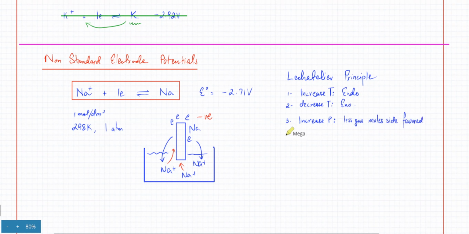Number four, vice versa, is if you decrease pressure, the side with more gas moles is going to be favored. And the last one is about concentration. If you increase or decrease concentration, equilibrium will try to do the opposite.